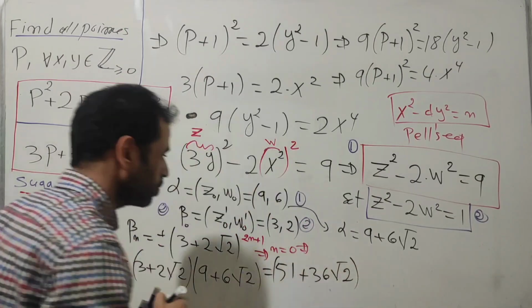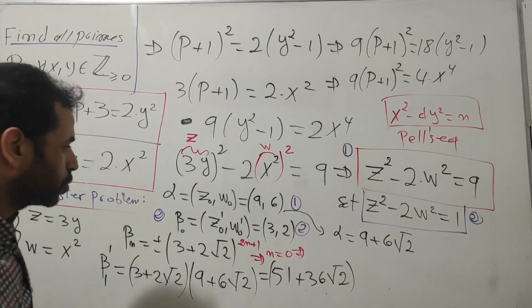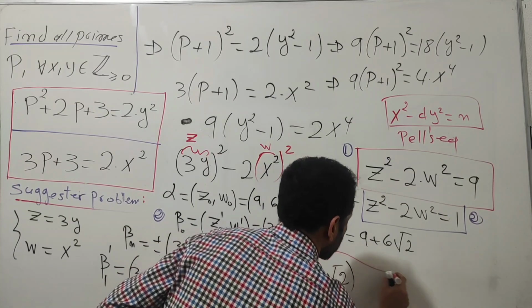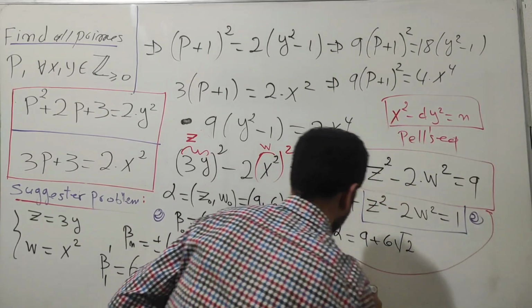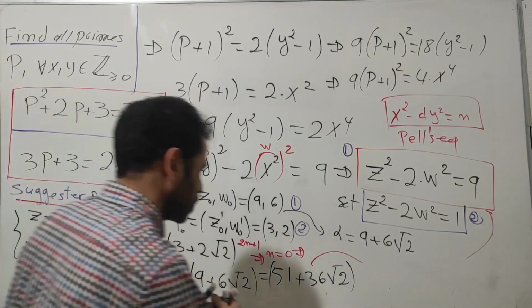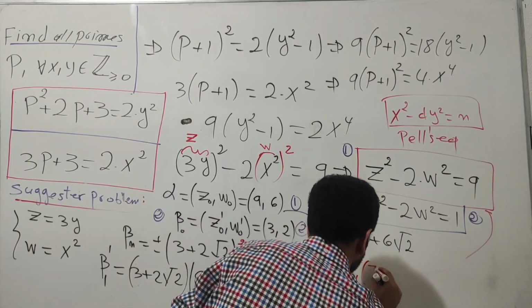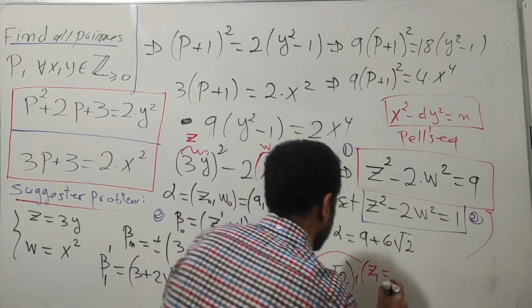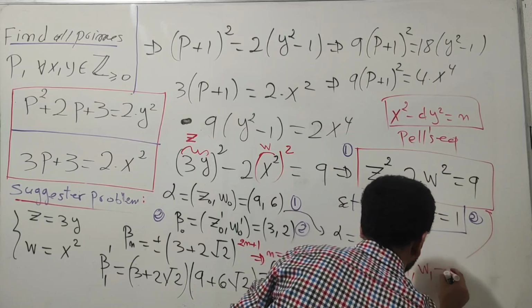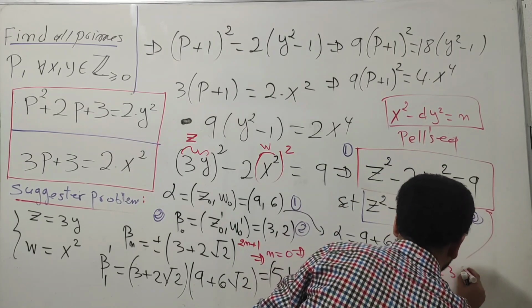Okay, we have determined a new solution for this equation, z, which we have replaced here. So we get z1, which is going to give us 51, and w1, which is 36.